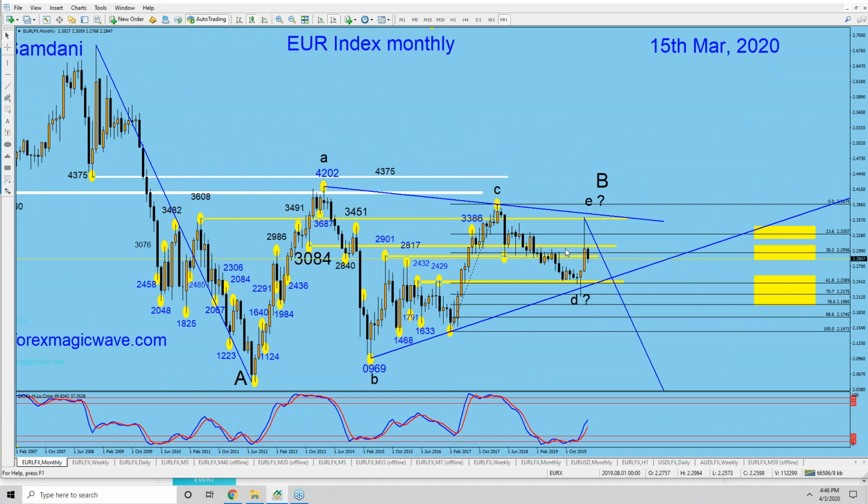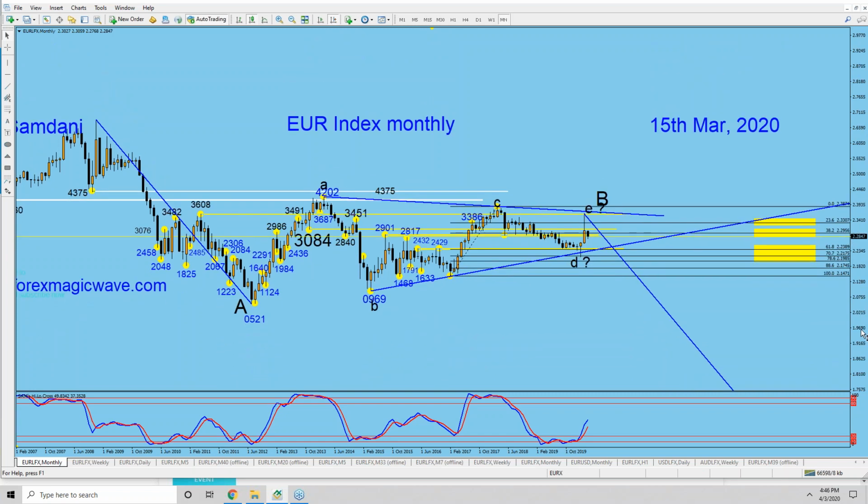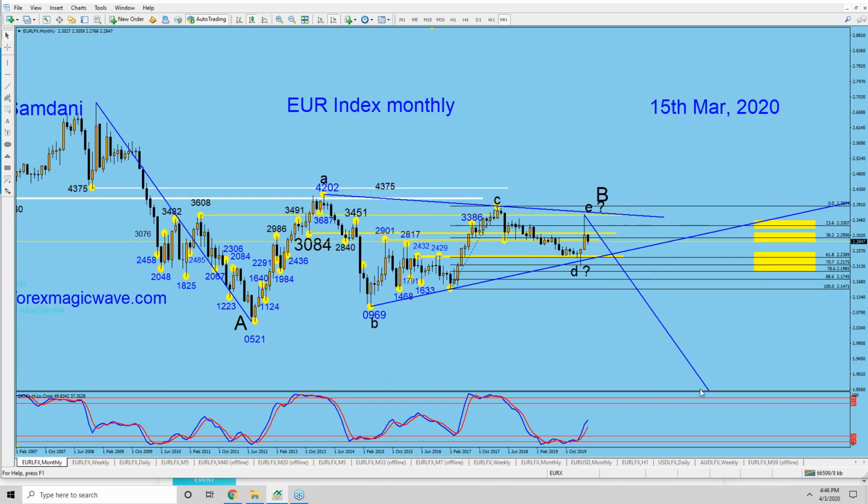Remember, the monthly chart has a triangle, and I made a chart that we're gonna come down here for D, then go up for E, and once it's finished, we're gonna be going down for A, B, and then C to the downside, probably in a couple of years.